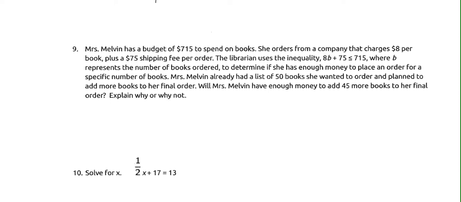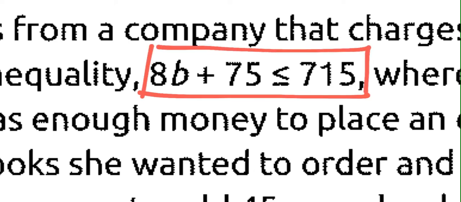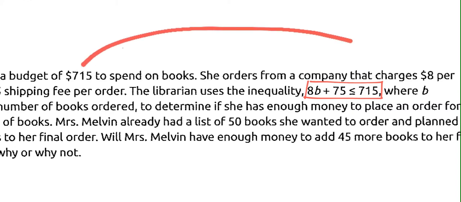So this problem sucks. We're going to jump to the equation because they've already got part of it written out for us. So here's the equation right here. In fact, I'm probably going to kind of write that out for my own use. They figured out a lot of this for us. They took the 715 because that's our total. They already plugged it in there for us. They took the $8 per book, and they already have that part of our equation in there for us.